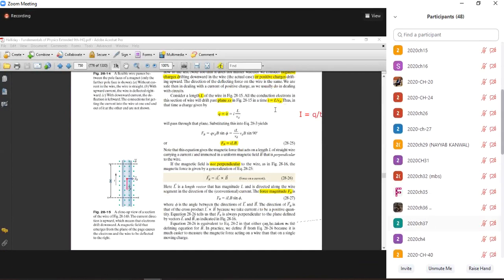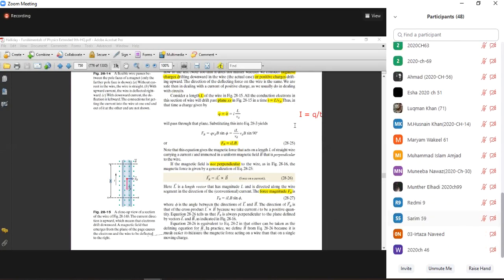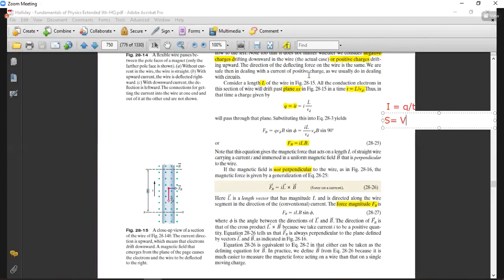And how will we get the time? Time is basically from S is equal to VT, so here we are taking time as T is equal to S by V. The length here in our case is L, while for the velocity we take the velocity of the electrons.